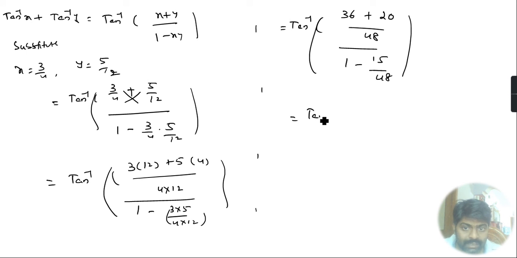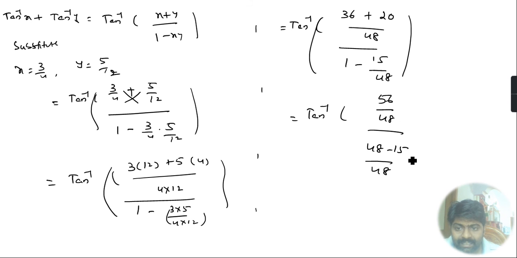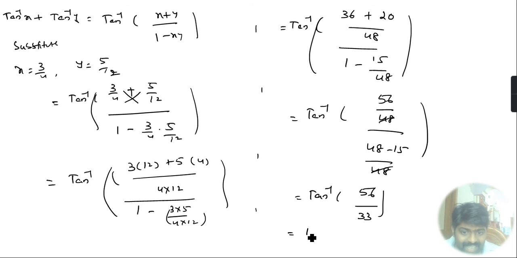So that is equal to tan inverse of 36 plus 20, that is 56 by 48, divided by 48 minus 15 by 48. 48 cancel and we get tan inverse of 56 by 33, which is equal to RHS.